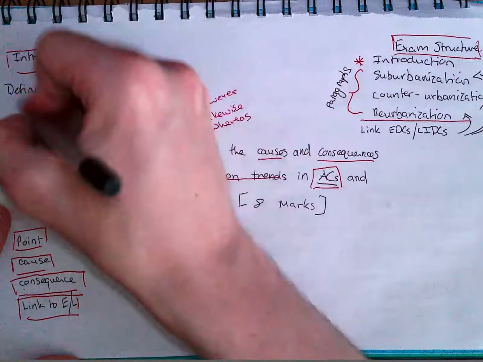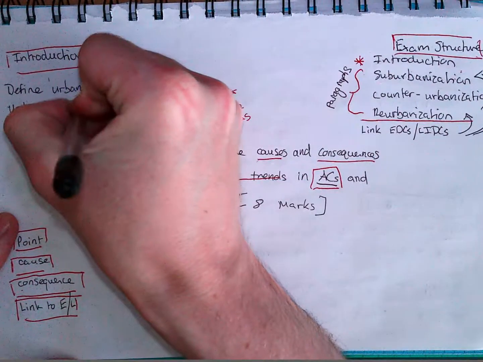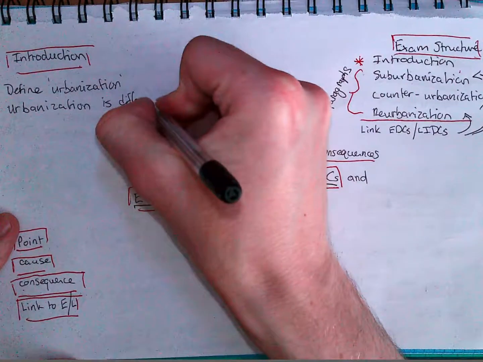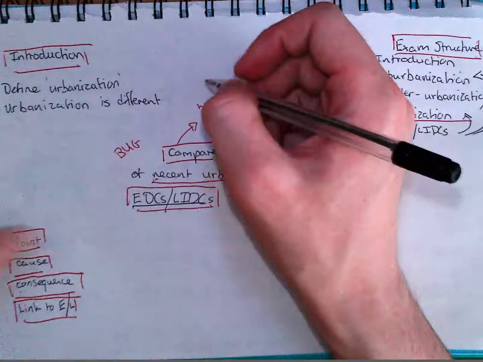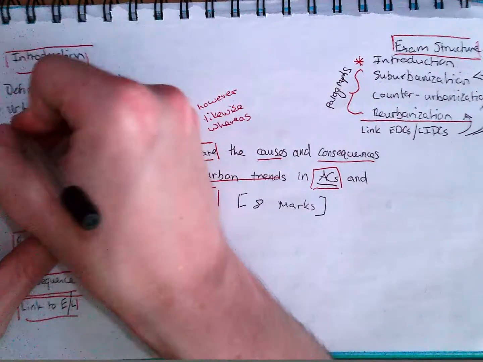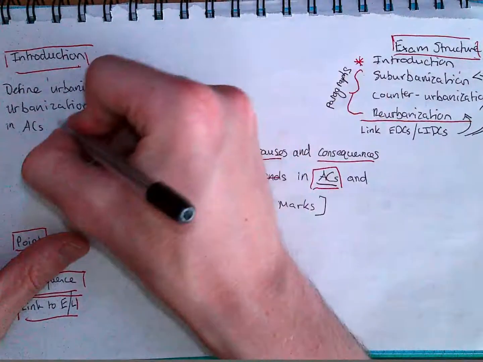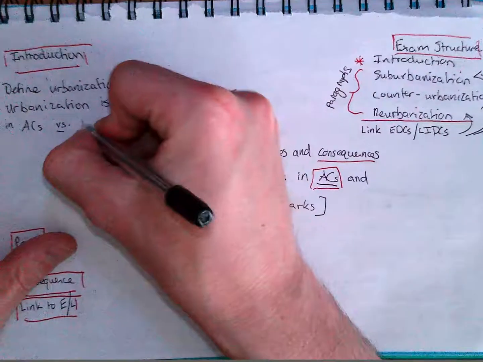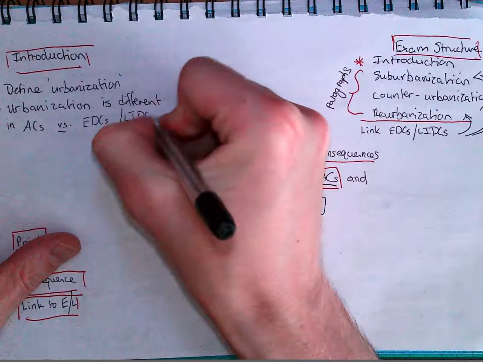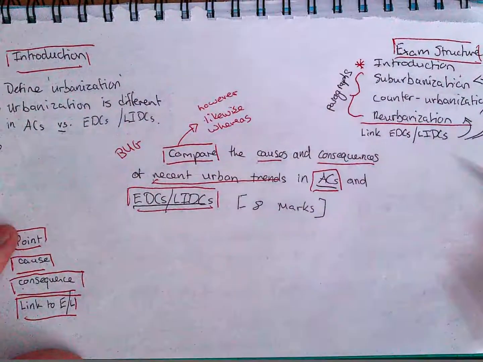And then you're going to say urbanization is different, or has been different, in ACs compared to EDCs and LIDCs. And you're going to have a brief reason here. That reason is going to be explored in the link sentences that I mentioned over here.